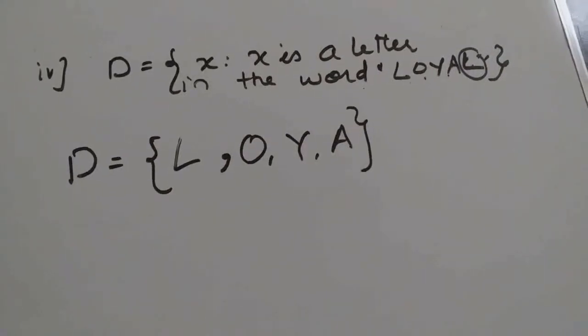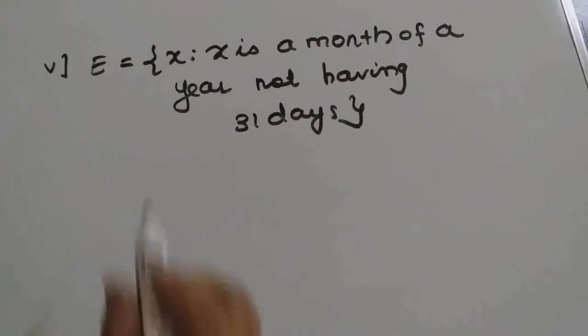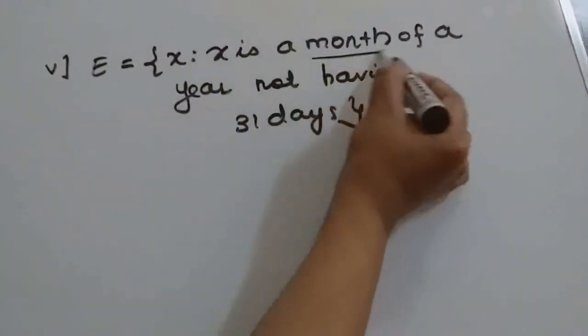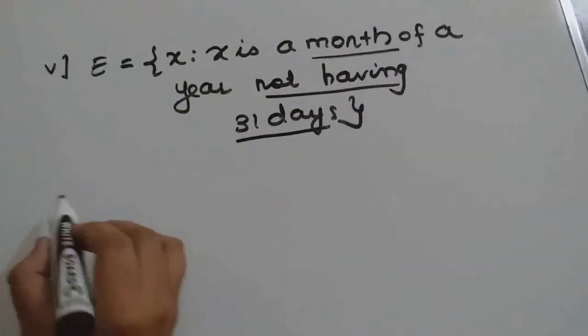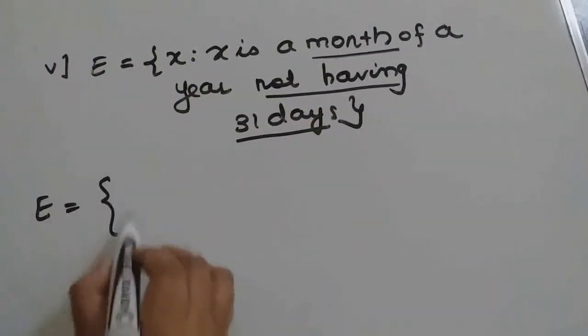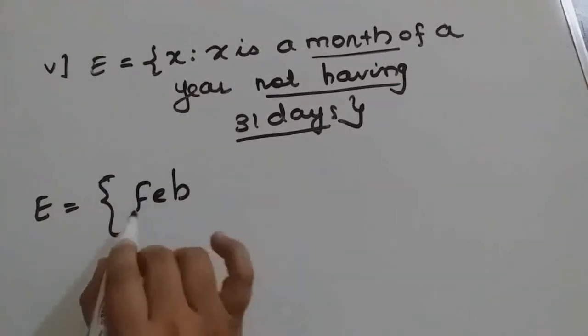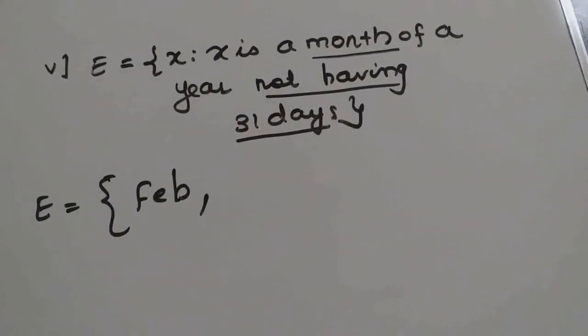Set E is defined as it contains all elements x such that x is a month name not having 31 days. So we should start writing from February, isn't it? Because Feb month doesn't have 31 days, maybe 28 or 29.